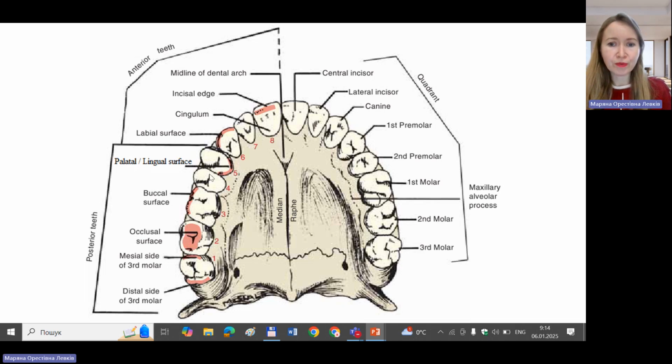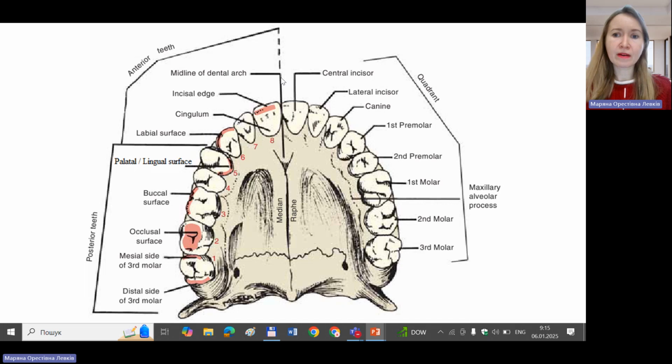In the posterior group of teeth, the masticatory surface has the name occlusal. In the anterior group of teeth, it is called the incisal edge or cutting edge. Surfaces that are between teeth have the name interproximal surfaces. Every tooth has a mesio-proximal and a disto-proximal surface.